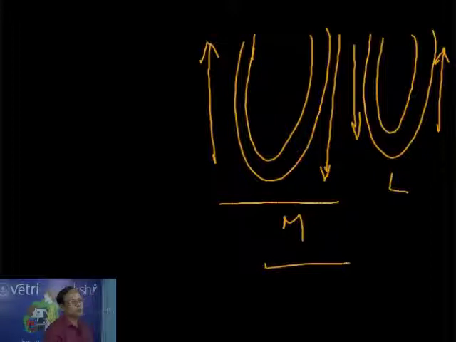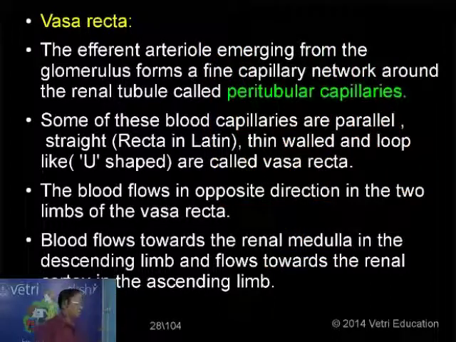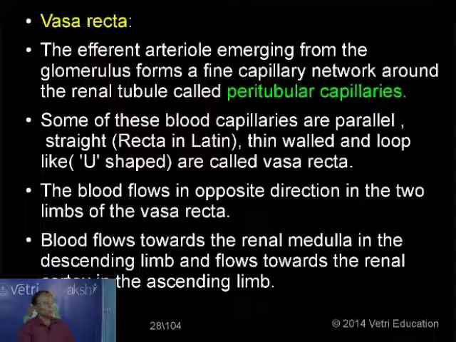So we have a countercurrent mechanism. The vasa recta consists of just two limbs, with blood flowing in opposite directions: towards the renal medulla in the descending limb and towards the renal cortex in the ascending limb. We'll see the picture later.